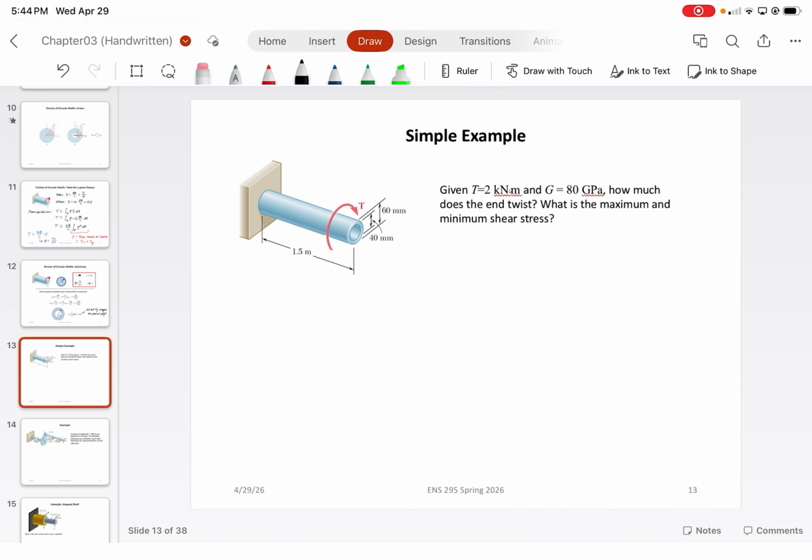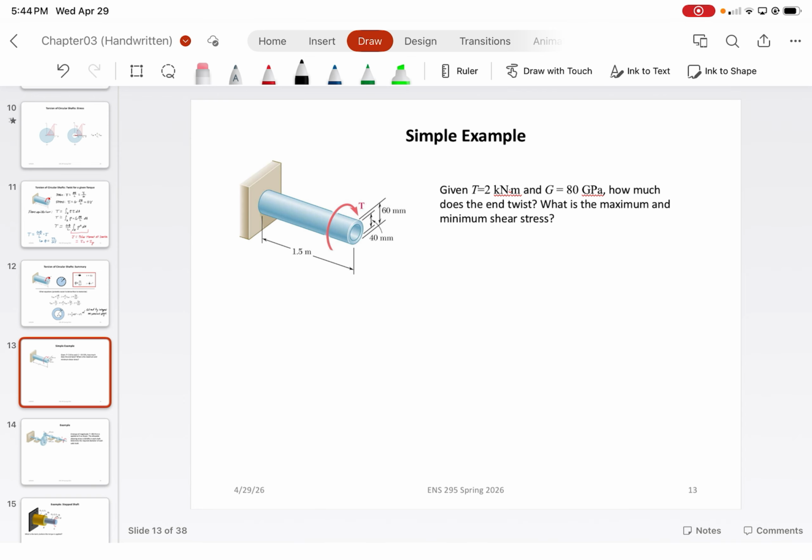All right. So, given a torque of 2 kilonewton meters and given that a shear modulus of 80 gigapascals is specified, we want to determine A, how much the end of that rod twists, and then B, the minimum shear stress that is in the rod and the maximum. All right?